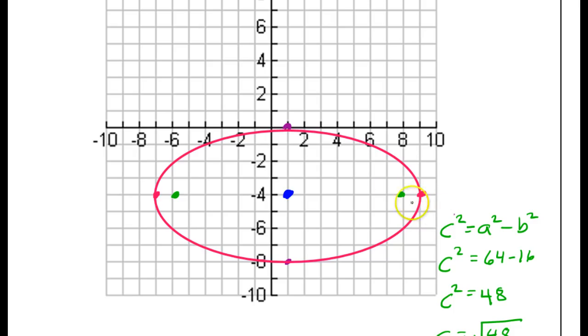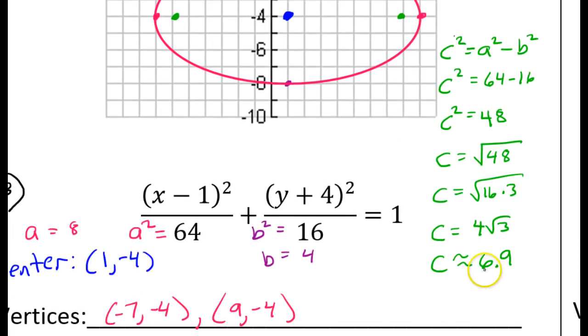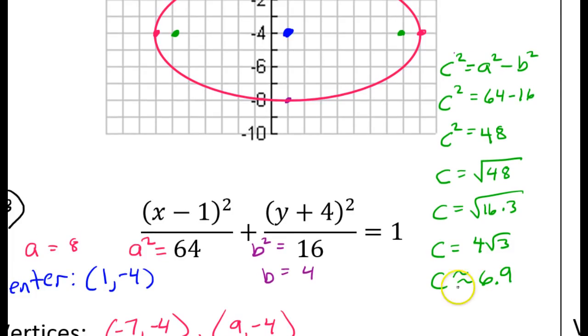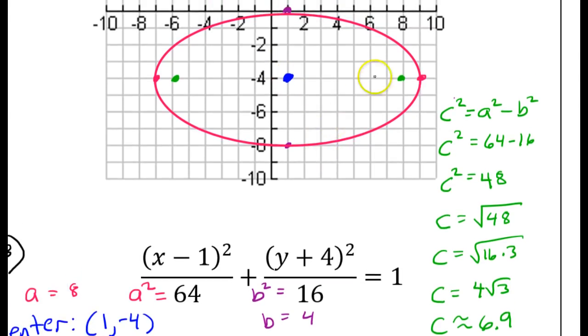Now, I cannot label the foci using this decimal of 6.9 in any way. Instead, I have to use the 4 radical 3. So what you want to do is first decide the value that is easy to know. The y value of these points is very clear.